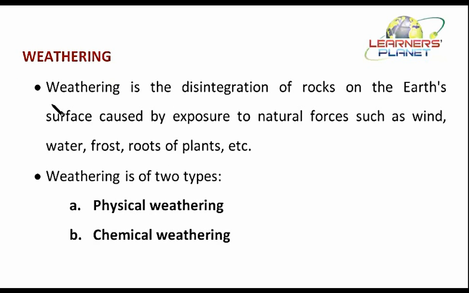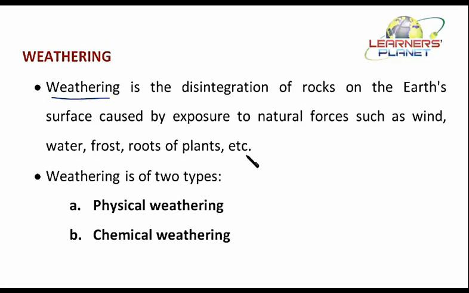Yes, students, weathering is the disintegration of rocks on the Earth's surface caused by the exposure to natural forces such as wind, water, frost, roots of plants, etc. So weathering is a process of the breaking down or disintegration of rocks.